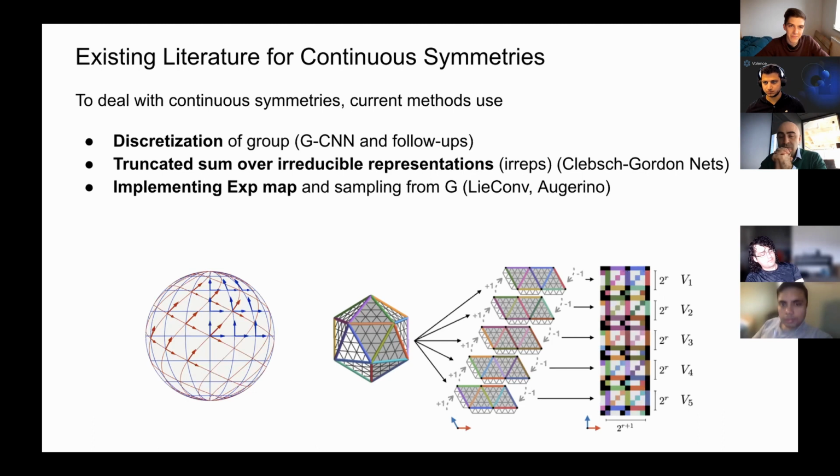So essentially what we wanted to say was that there must be a way to deal with symmetries and encode symmetries into your neural net without having to sample from the whole space.